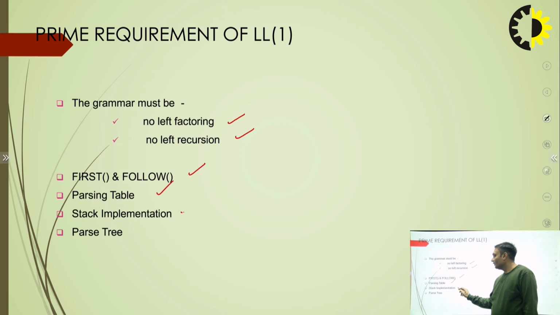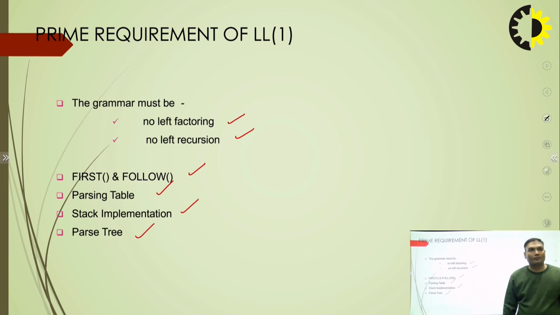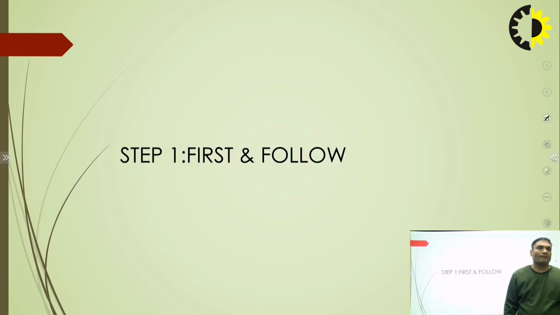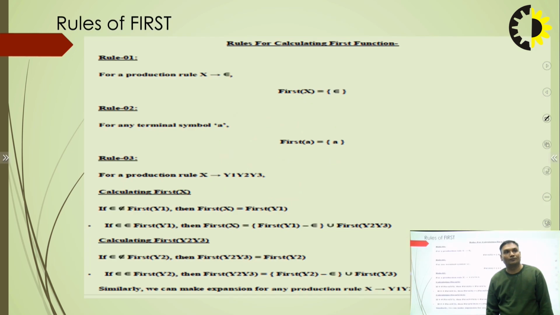Then we will do stack implementation. At the end, we will construct the parse tree. So initially, the grammar should not have left factoring and left recursion in the rules, and then we will calculate first and follow. Then we will calculate the parsing table, then stack implementation, then at the end we will make the parse tree.